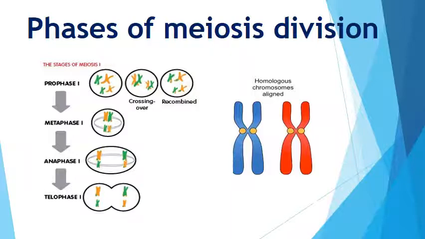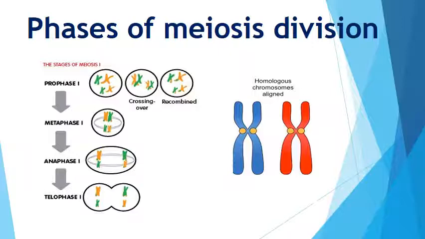So when I ask you for the definition of a tetrad, what's meant by tetrad? You said that it is a homologous pair of chromosomes by which each pair consists of 4 chromatids. This is called a tetrad. I can say tetrad, and I can say homologous pair.